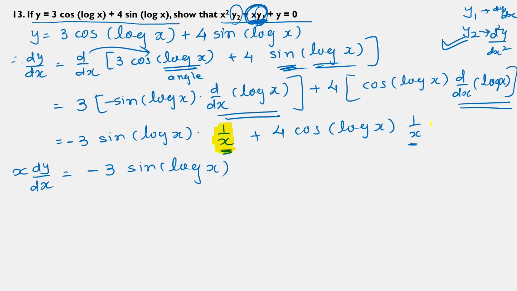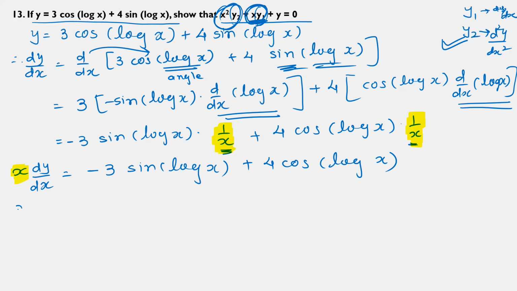Ultimately, this 1 by x is taken common, and that 1 by x goes that side, which goes in the numerator. So that's what we did. Plus 4 cos log x. But still, we need to find x square y2, the second order.